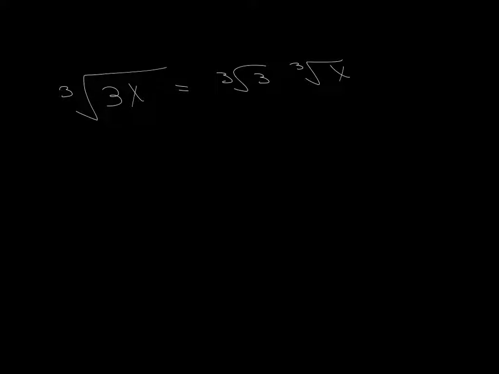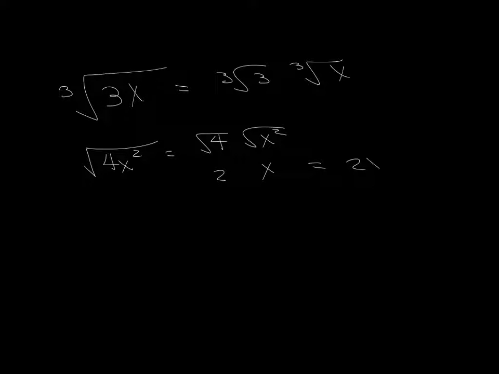You can split those up. So that means that if we have the square root of 4x squared, we can break that up into the square root of 4 times the square root of x squared, and then figure these out individually, and we get 2x.